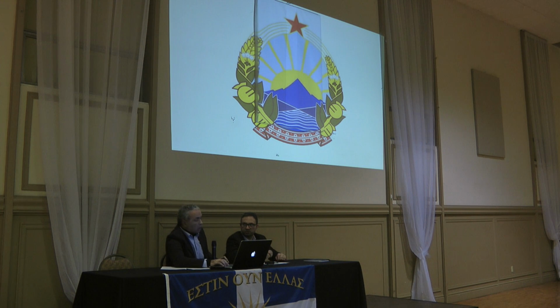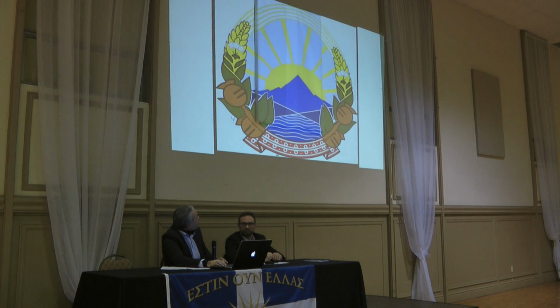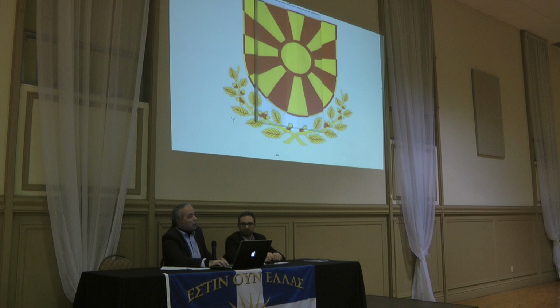This one, yes. 46. They remove the name between the 2 years alone. Okay. If you make the next one, you see the star? The vanishing star? So with the star it was communist, at the end they removed the star. So they removed Macedonia before the star.